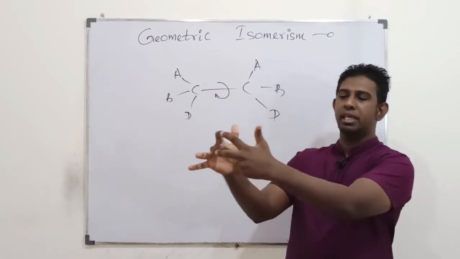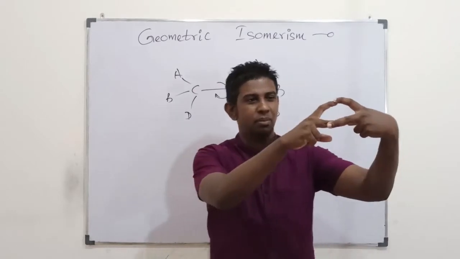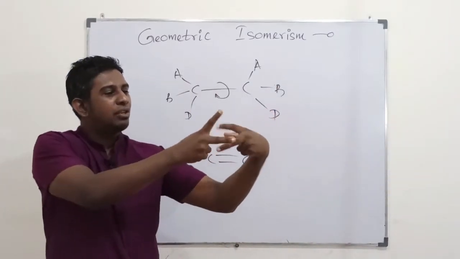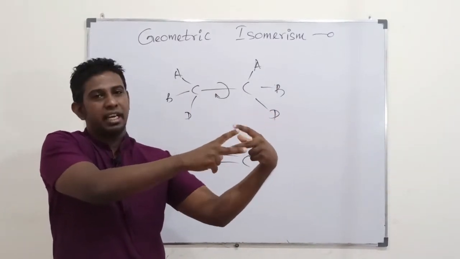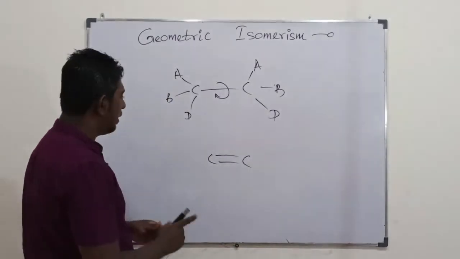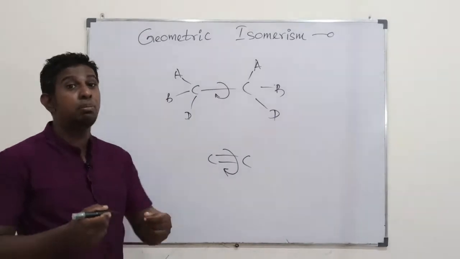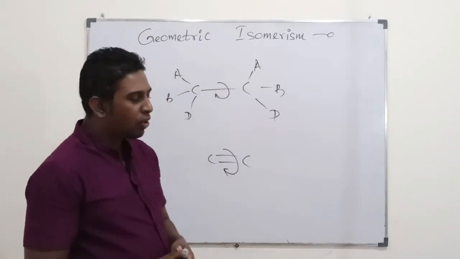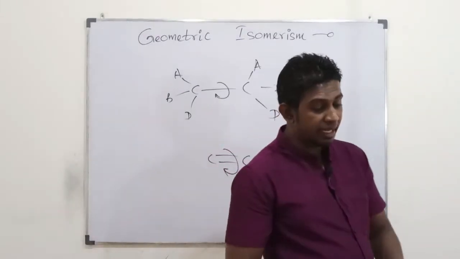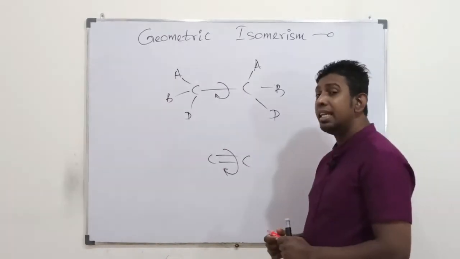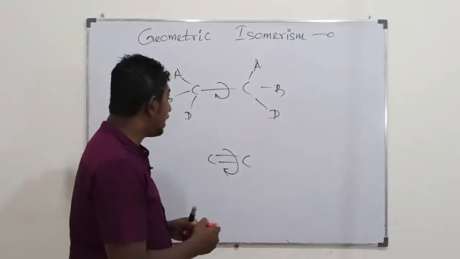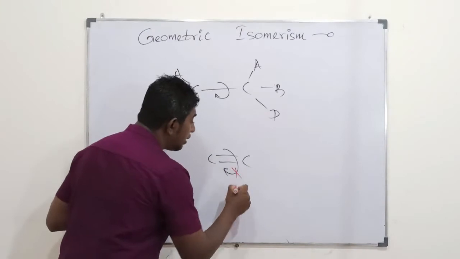So when you have such a carbon-carbon double bond, it would not be able to rotate around this bond axis. The free rotation is blocked. We call it hindered free rotation. Free rotation is being blocked.